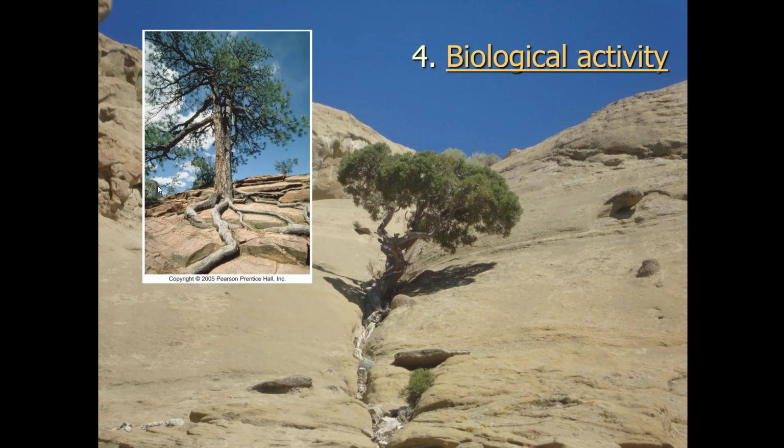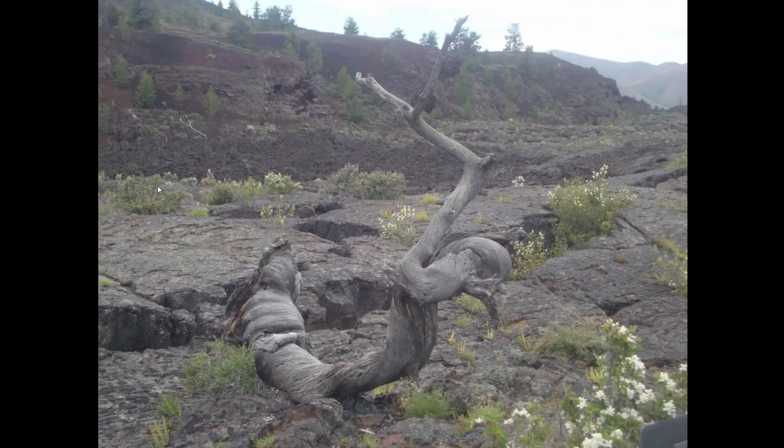All right, so those are your forms of mechanical weathering. And you can also see that here. This is in Craters of the Moon National Monument in Idaho. You can see a huge series of lava flows here. This is some lava flow. This is all basaltic. And then this is more of a Pahoehoe flow. But here in the fractures in the lava flows, you see wildflowers and plants.